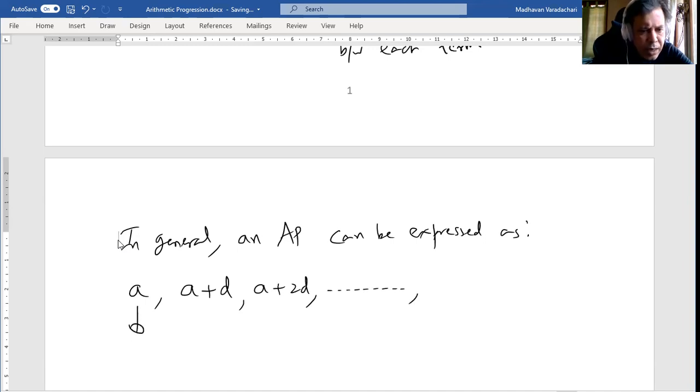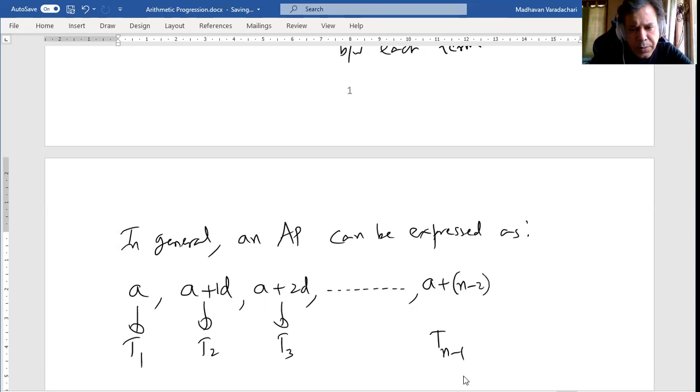This is term 1, this is term 2, this is term 3. So I can say now term n minus 1. If you look here, term 1 means there is no D. Term 2 means there is 1D. Here it is 2D. That means term n minus 1 should be A plus n minus 2 times D. Similarly, A plus n minus 1 times D will be your term n.